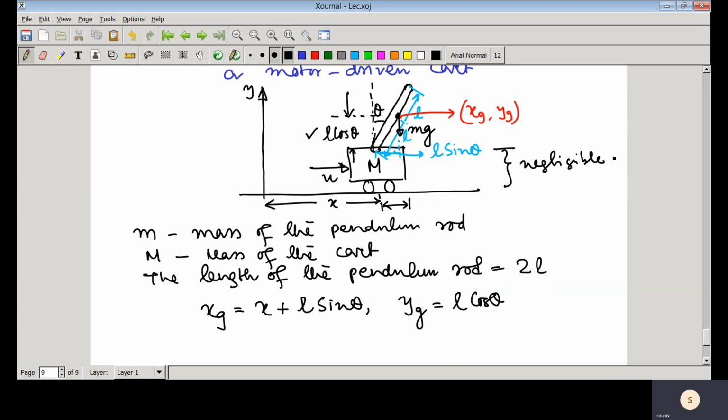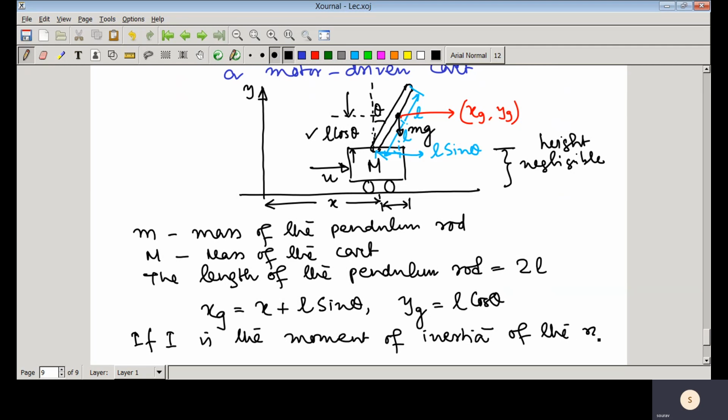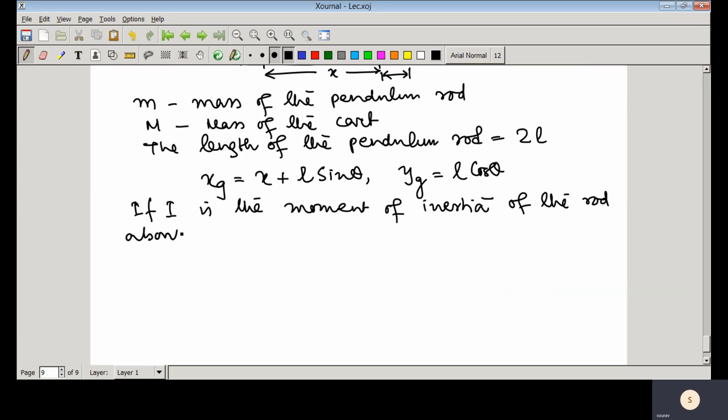And if I is the moment of inertia of the rod about its center of gravity, then we have the equation I theta double dot.